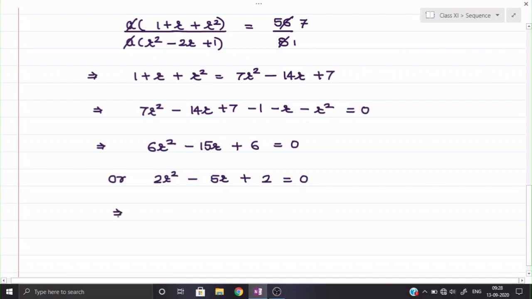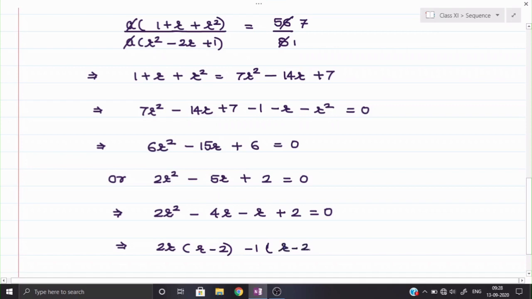Multiplication required is plus 4 and addition required is minus 5. So I think we can write down 2R square minus 4R minus R plus 2 is equal to 0. Take 2R common, remaining will be R minus 2, and from here I am taking minus sign common, so R minus 2 will remain.